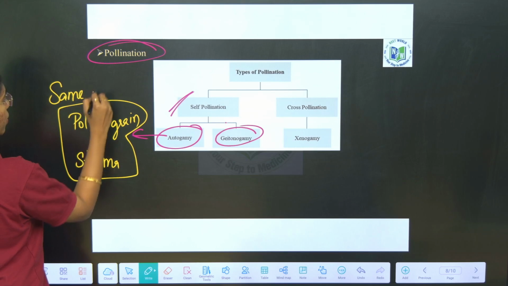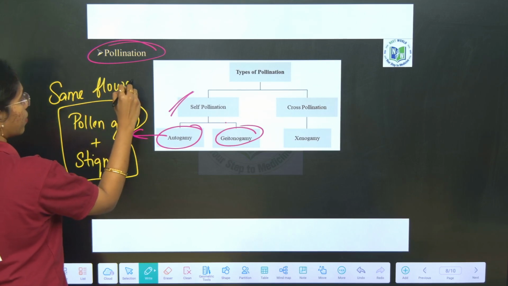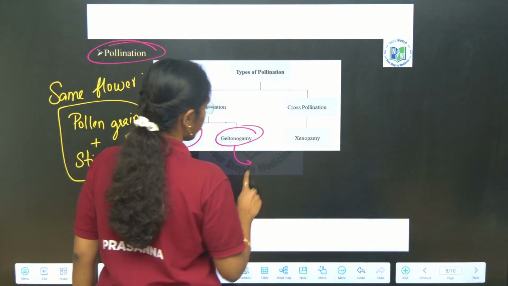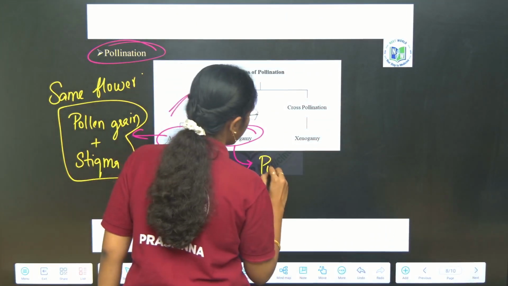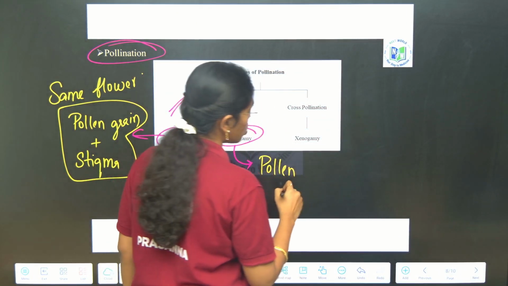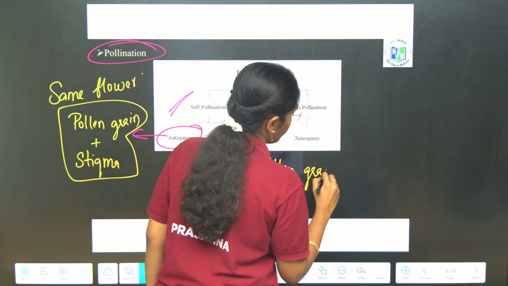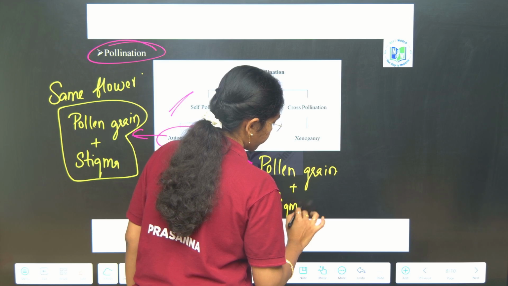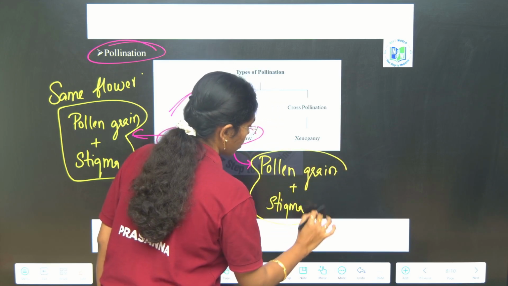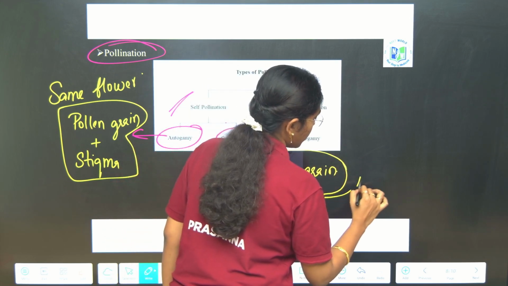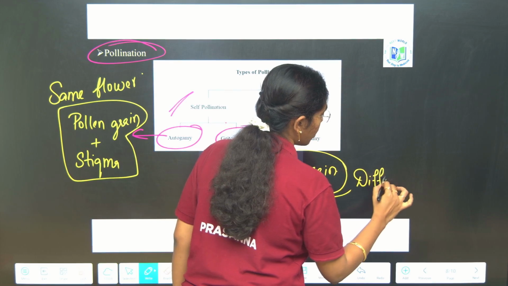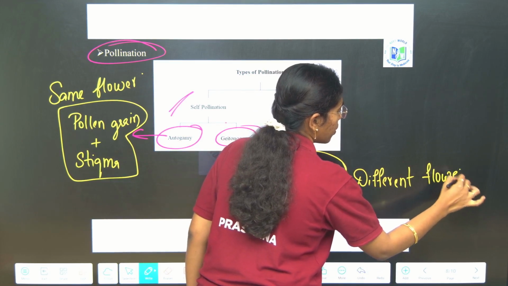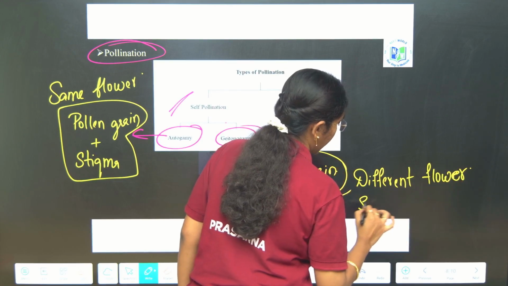Geitonogamy, where pollen grain germinates on the stigma of a different flower of the same plant.